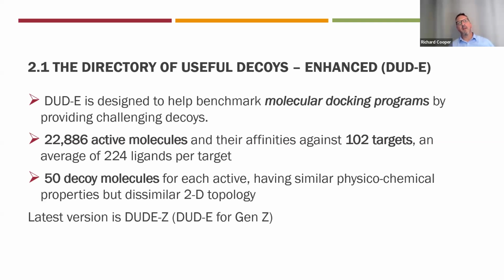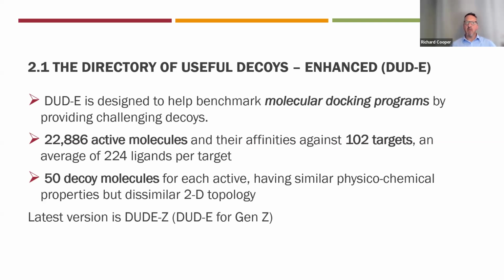On top of that, for every active, you've got 50 decoy molecules, which the DUD authors propose probably don't have activity. They don't know that for sure, but they've given them a different 2D topology, while matching the physicochemical properties. So there's some wiggle room there. But again, it's a lot of molecules.